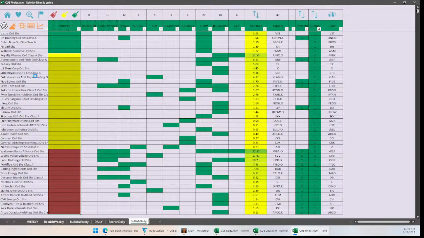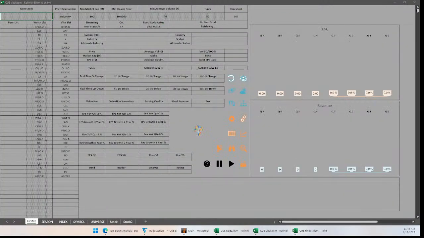Let's calculate the fundamental scorecard of those stocks. 37 stocks only at mid or low price level giving possible buy setups.